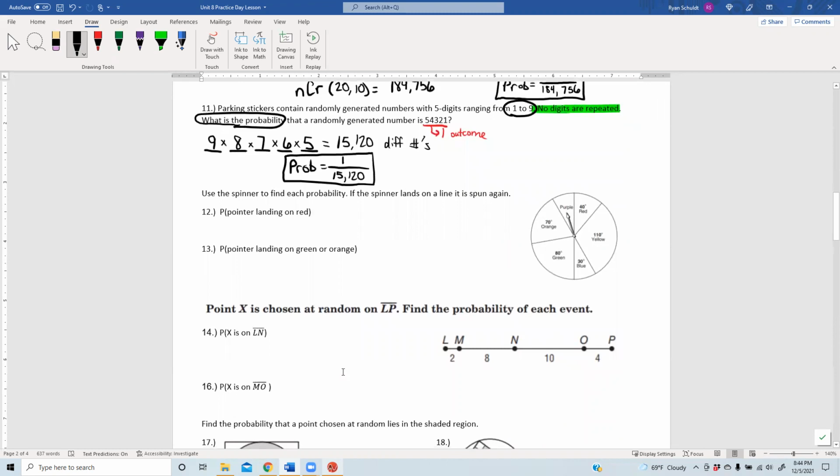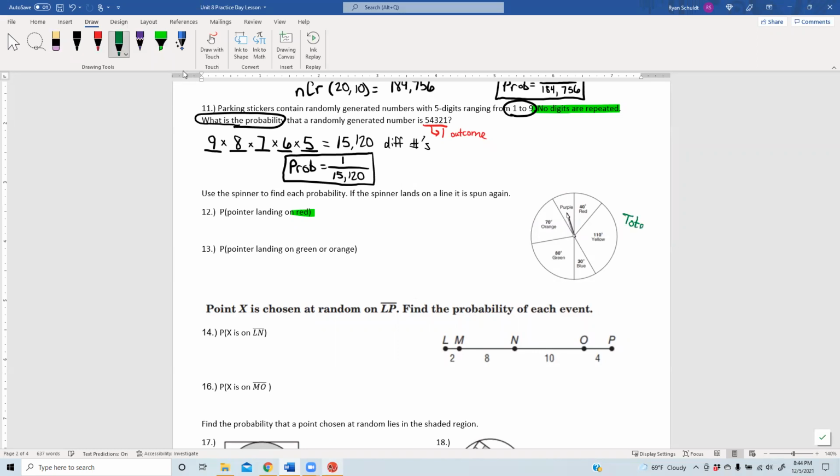Again, 12 and 13 ask you to use the spinner to find each probability. If the spinner lands on a line, it's spun again. So 12 asks us the probability that the spinner lands on red. Well, how many degrees are in a spinner in total?